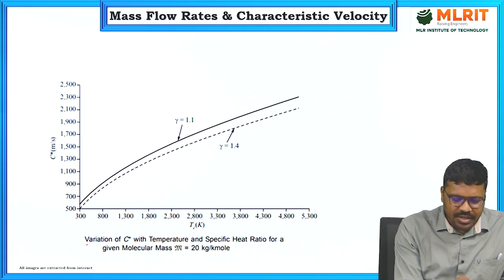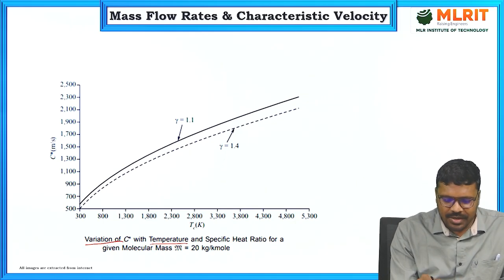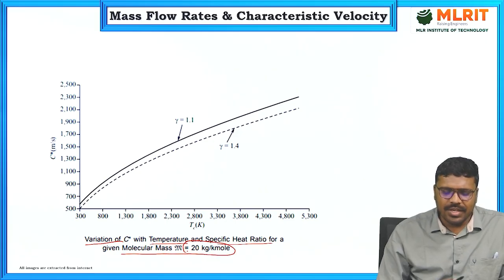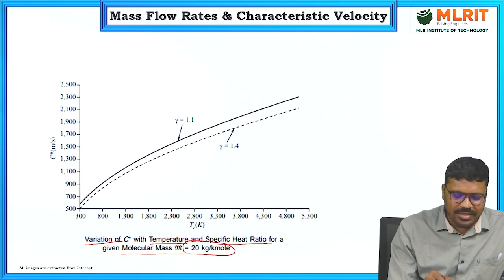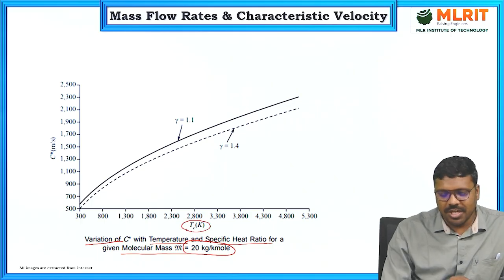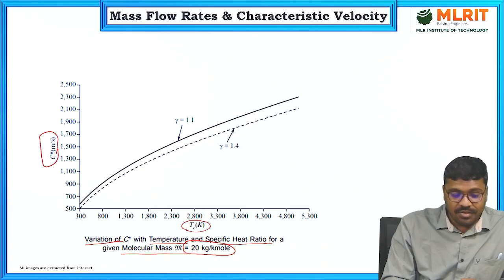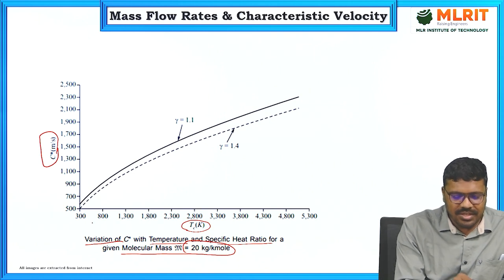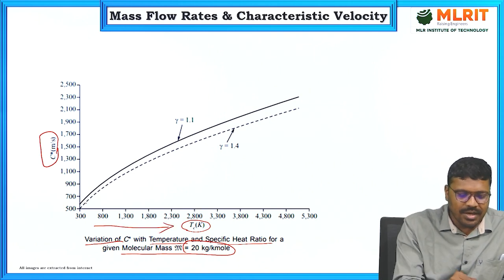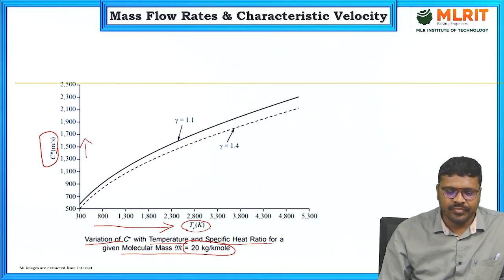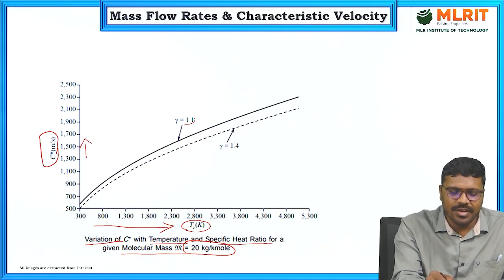So this is the variation of C star with the temperature and specific heat ratio for a given molecular mass of 20 kg per kilomole, and here this is the temperature of the chamber on the x-axis and characteristic velocity on the y-axis. As the temperature in the combustion chamber increases, you can observe the C star value is increasing for different gamma.